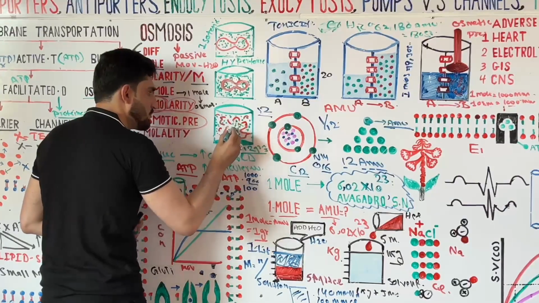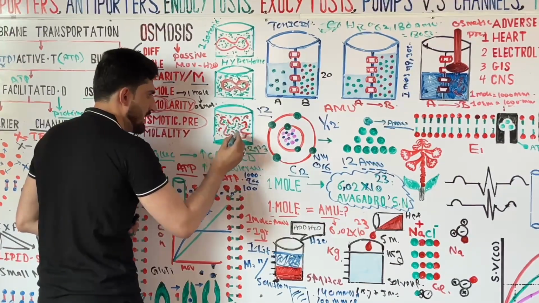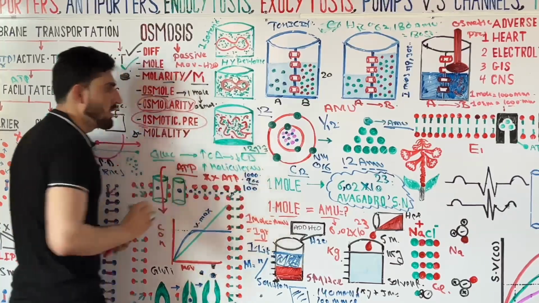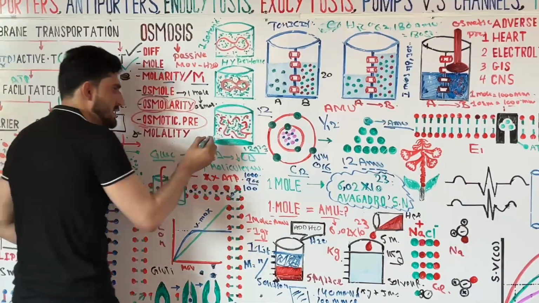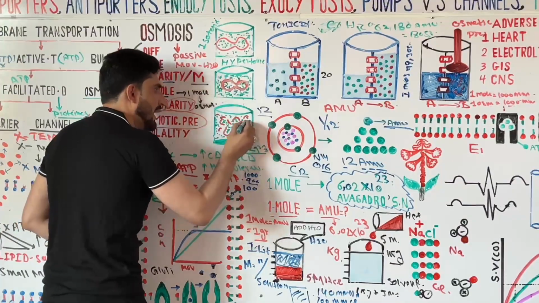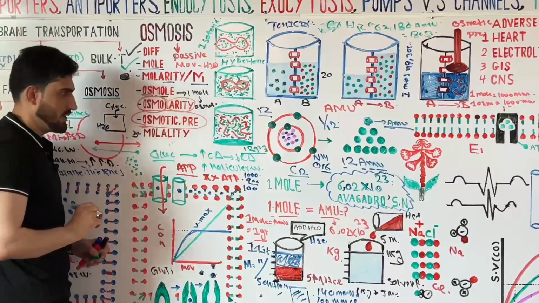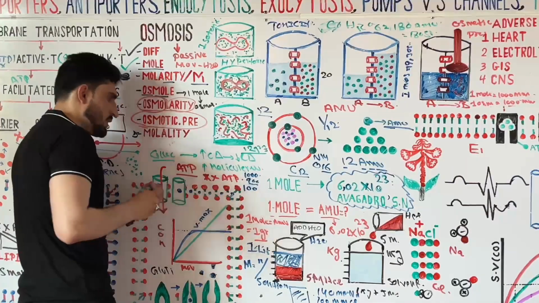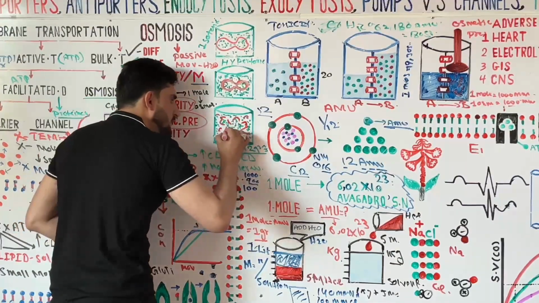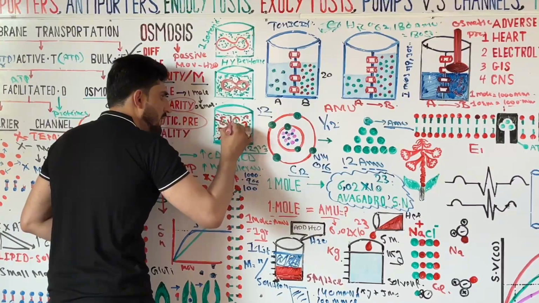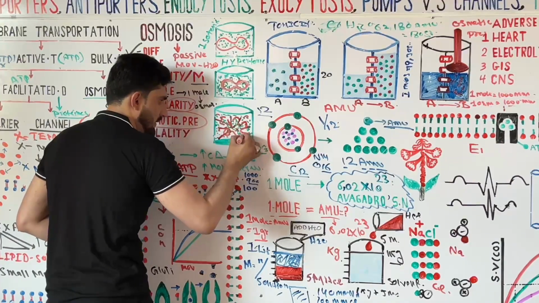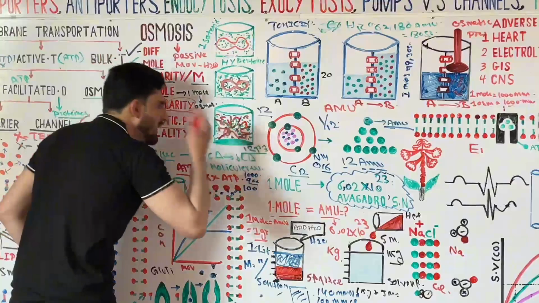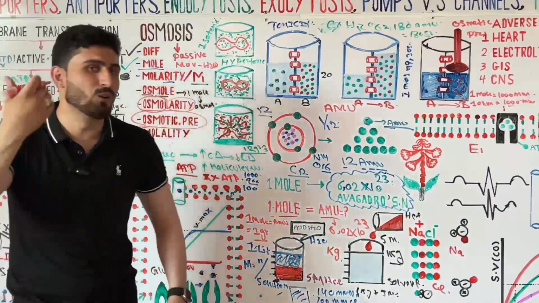But if I put this RBC in a type of solution in which the inside of the cell contains more solutes and the extracellular area has a lower solute concentration, water will move from the extracellular area to the intracellular area. Okay, and it causes bursting of the cell.